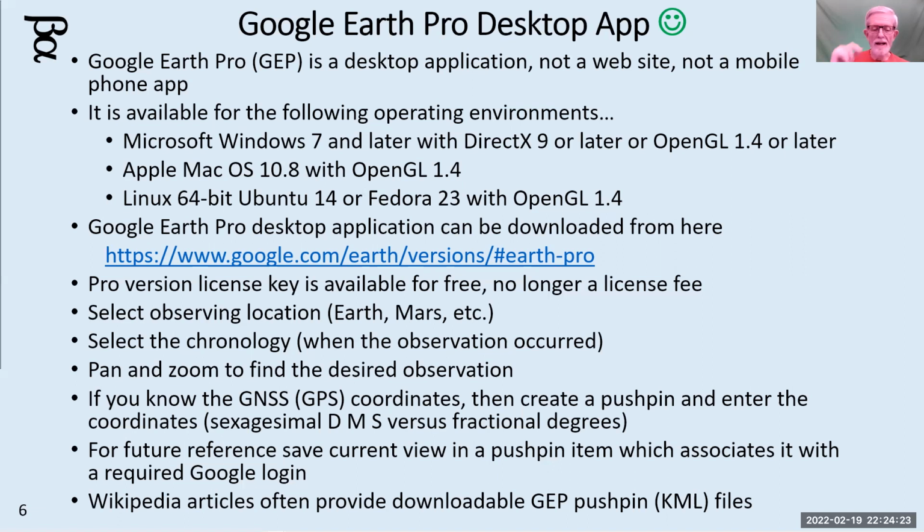And if you go on Wikipedia and look up something that has a location, you can probably click on a link on the Wikipedia page that will take you to another Wikipedia page that gives you location information. And one of the links in that table is Google Earth with metadata. You can click on that and it will download a very small script file called a KML, or .kml file.